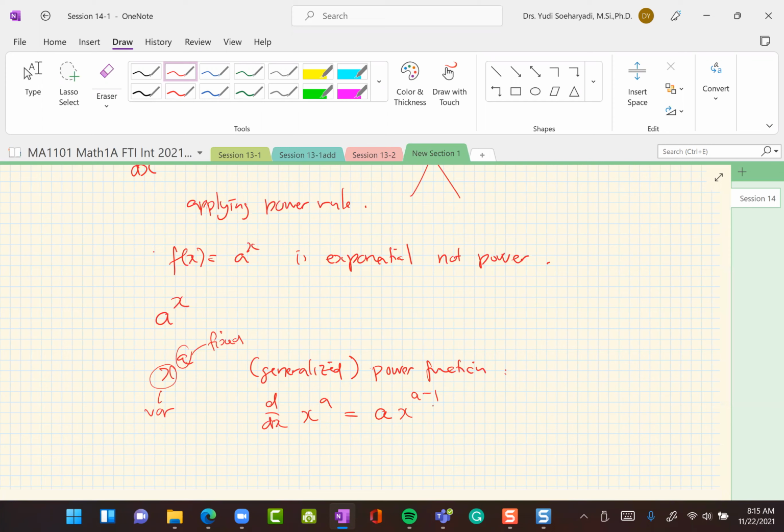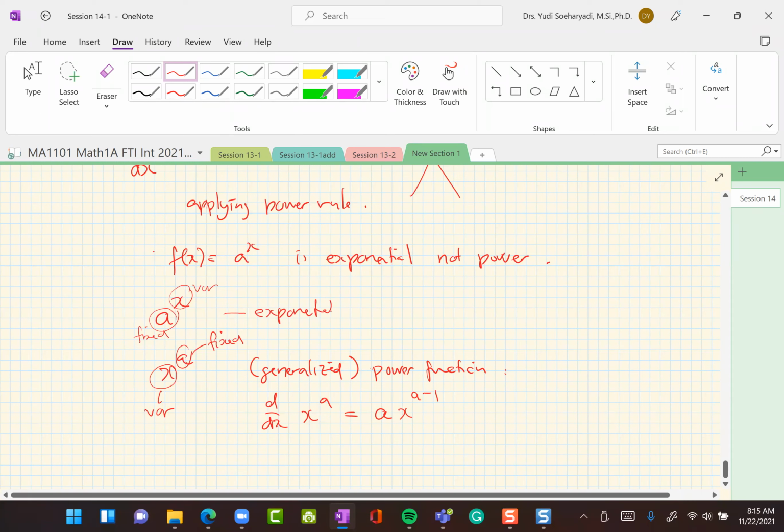Okay, but in this case, you see, this is the variable. This is fixed. The base is fixed. Here, the base is variable. Okay, this is what we call an exponential. So in exponential, we have this rule.